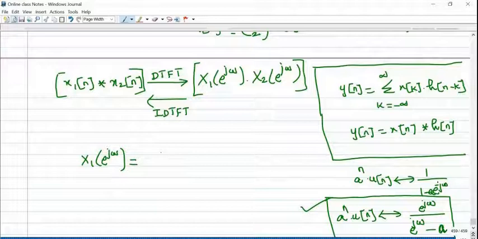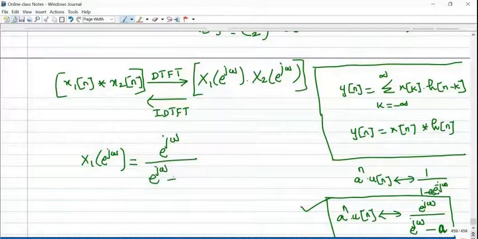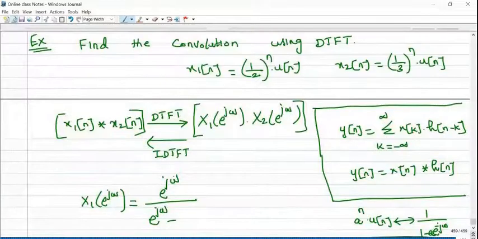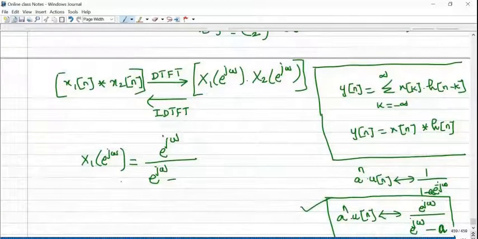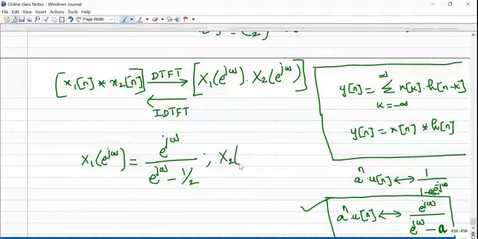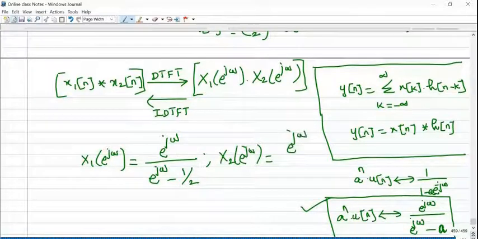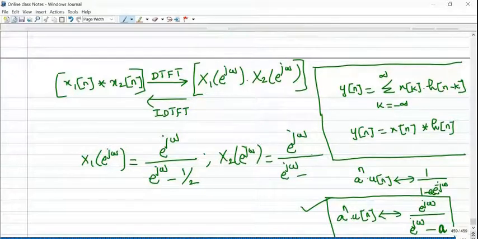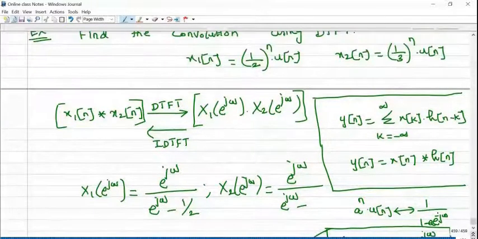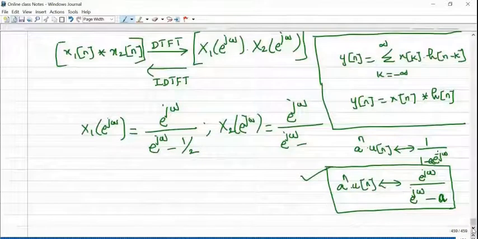So e power j omega divided by e power j omega minus 1 by 2. For x2 of n, 1 by 3 power n, x2 of e power j omega is e power j omega divided by e power j omega minus 1 by 3, as per the formula.